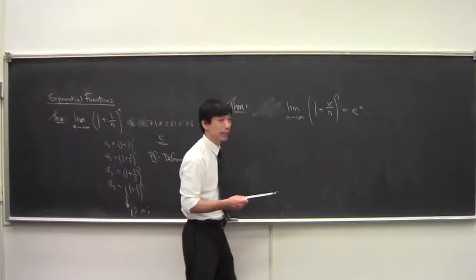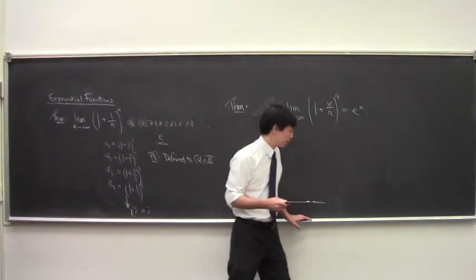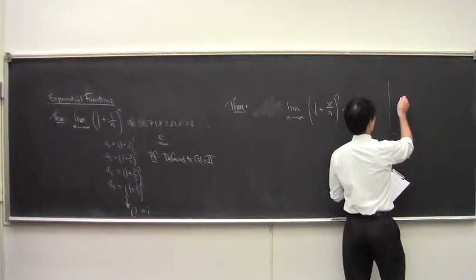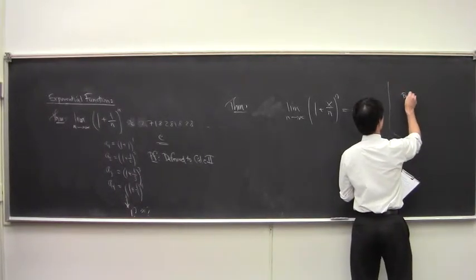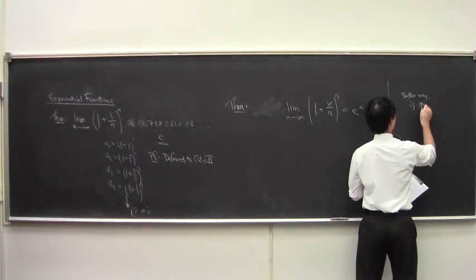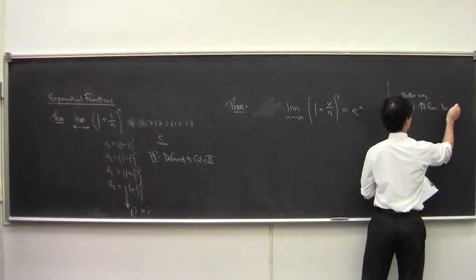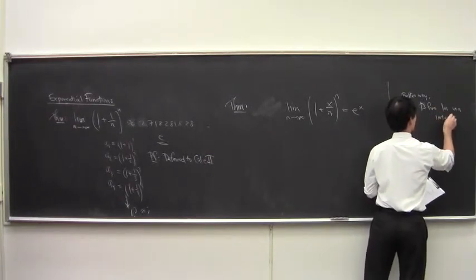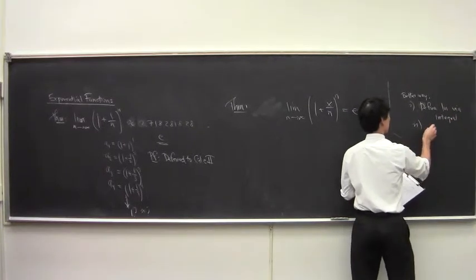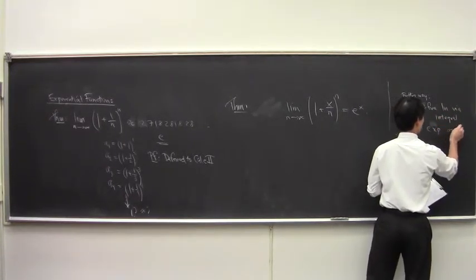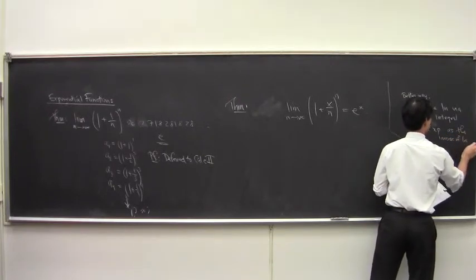So this is again one way of presenting e to the x. There's actually a better way, which is to define the natural log using the integral, and then the exponential function as the inverse of the natural log.